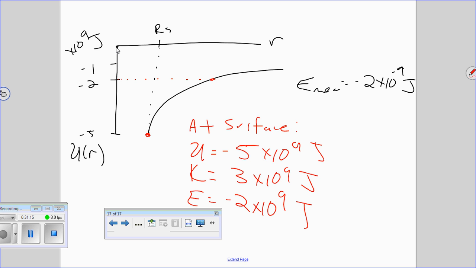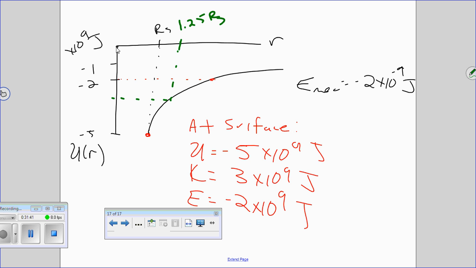It wants to know what the kinetic energy is when R is 1.25 RS. Well, that's just graph reading. So this is 1 RS. By reading your graph, if you go over here to 1.25 RS, then you can find what your U is, and then subtract that from your total.